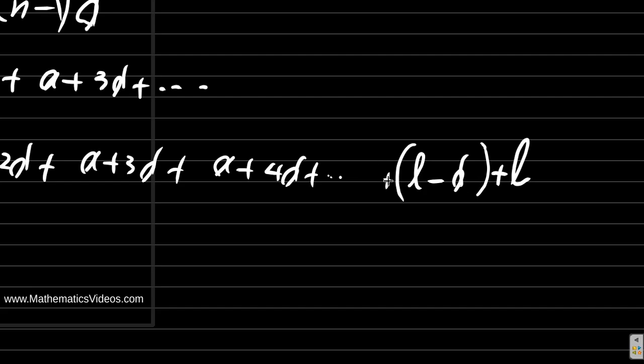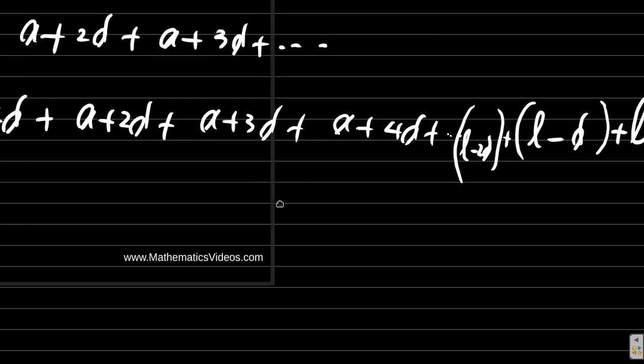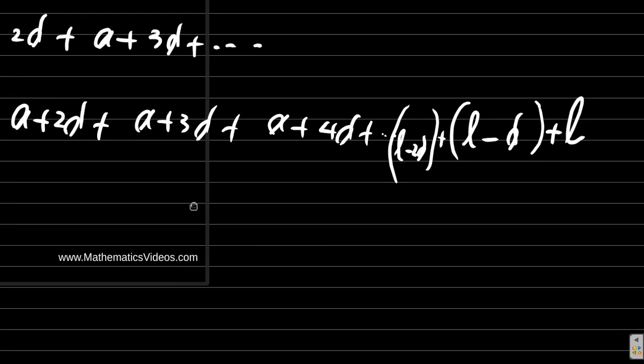The term immediately before this would be l minus 2d, and so on. We keep subtracting d to go back. So we add d to go forward, we subtract d to go back. So this is what we have.